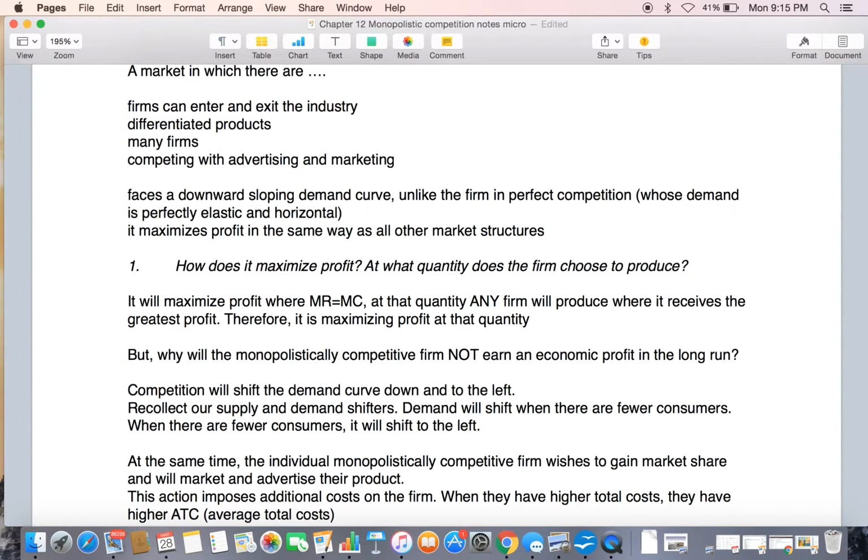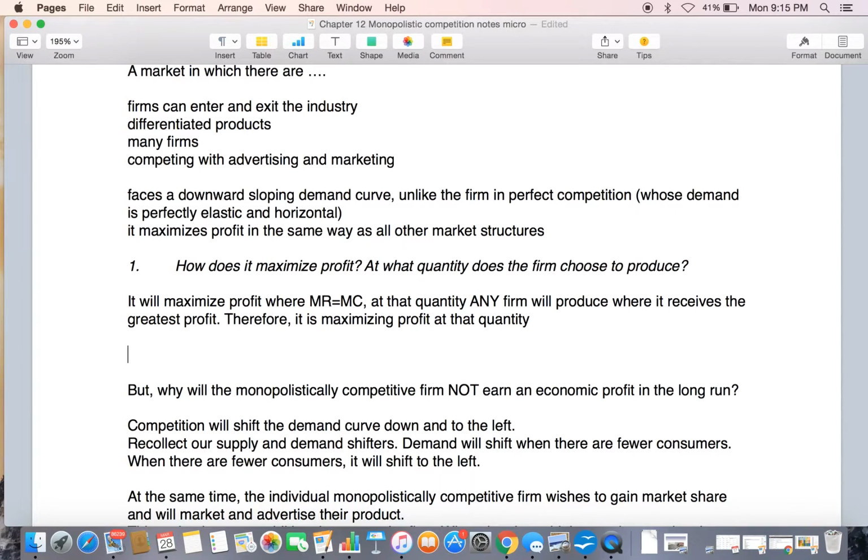But why will the monopolistically competitive firm not earn an economic profit in the long run? So likewise, we'll choose to produce where marginal revenue equals marginal cost, and we will price the product at that quantity along the demand curve.